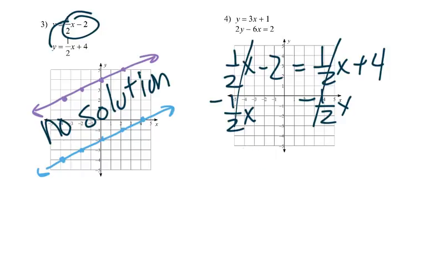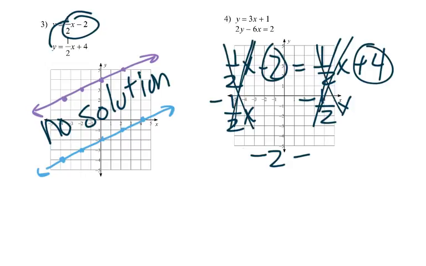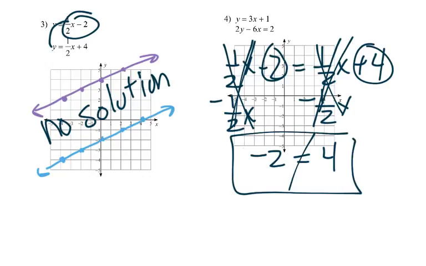So I'm left with simply negative 2 on this side, because this canceled out, and positive 4 on this side, because this canceled out. Is negative 2 equal to positive 4? That is not equal. This is how you see no solution algebraically. Okay, it doesn't work. You get rid of your variables and the equation doesn't work.